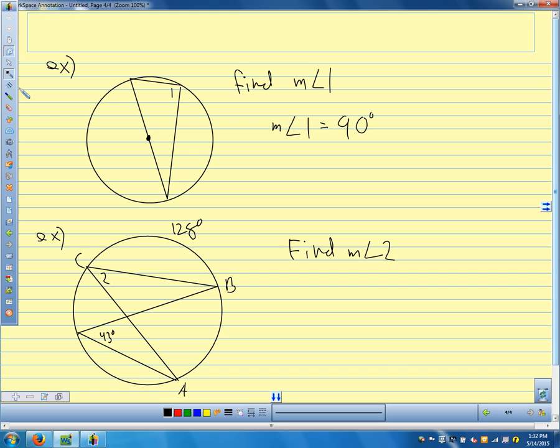Okay, so Danny says if I look at this angle, I multiply by 2 to get to the arc. So that arc has to equal what? 86 degrees.